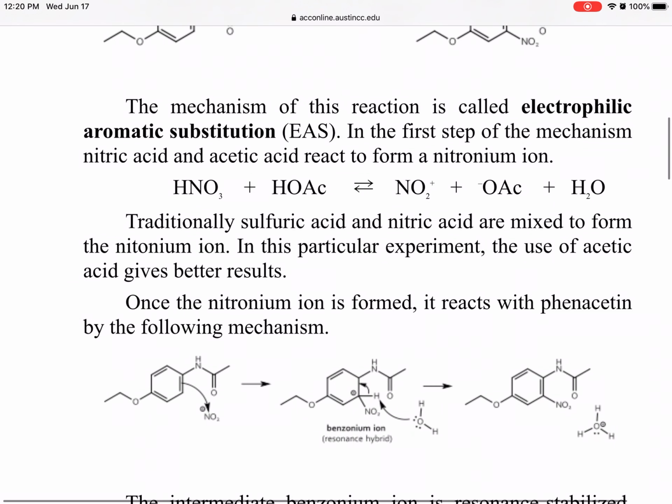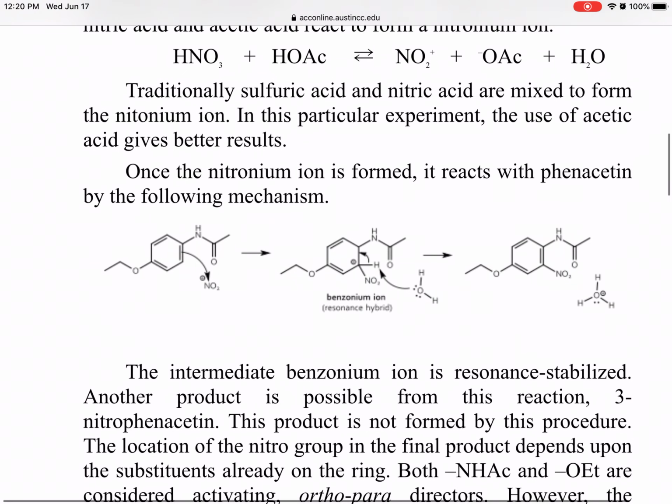And if you are doing a traditional nitration, we normally use sulfuric acid and nitric acid. But in this one, we use acetic acid because it gives us a good result. Once the nitronium ion is formed, it is going to react with phenacetin by the following mechanism.